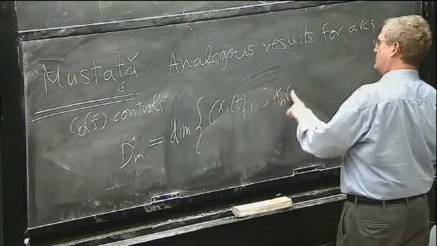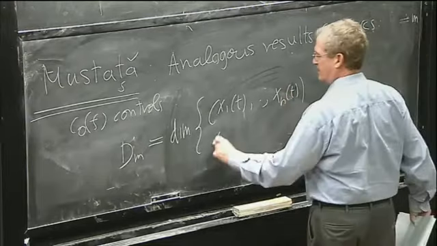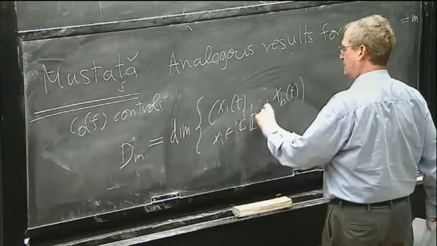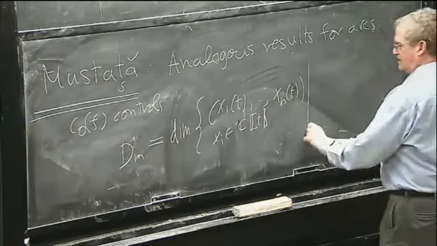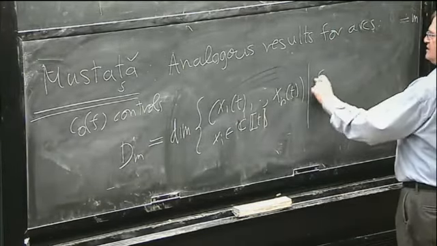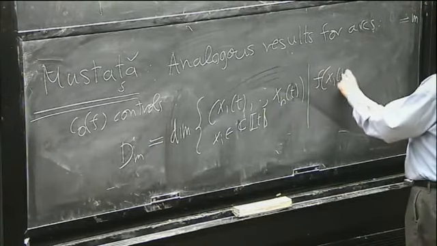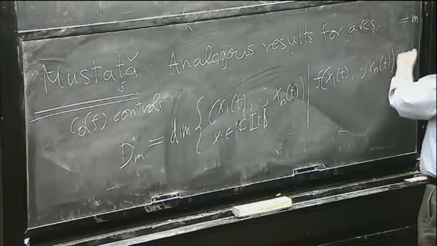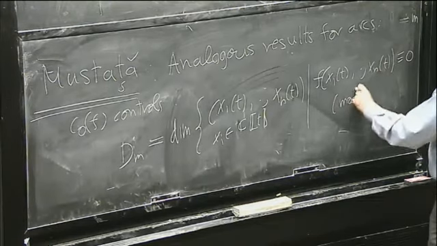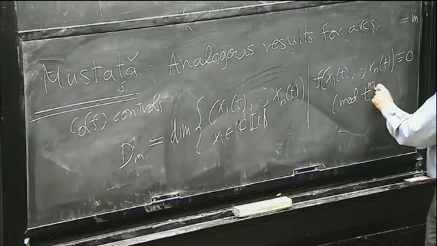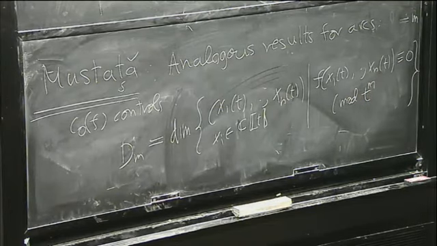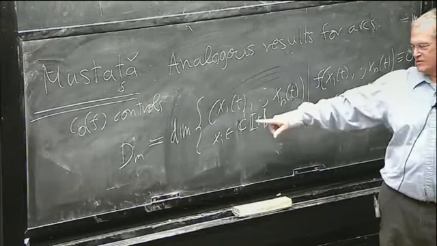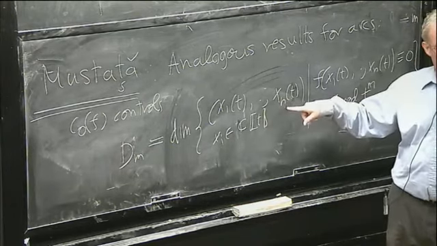So the xi's are, let's say, power series in t, and I want f of x1 of t through xn of t to be congruent to 0 mod t to the m. Since I'm working mod t to the m, I'm just going to truncate them, so these are just polynomials of degree m minus 1 or less.